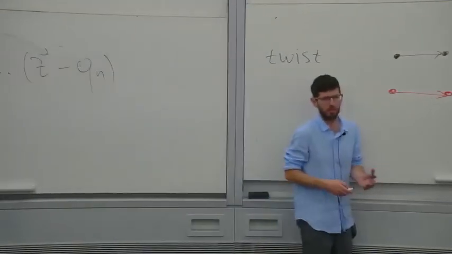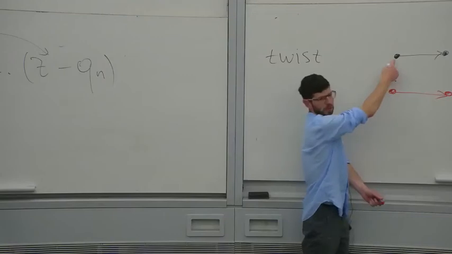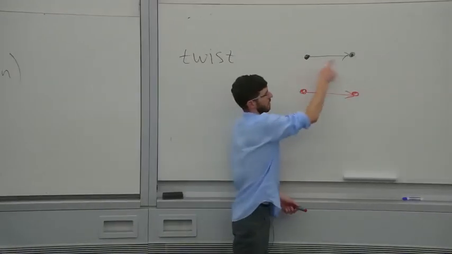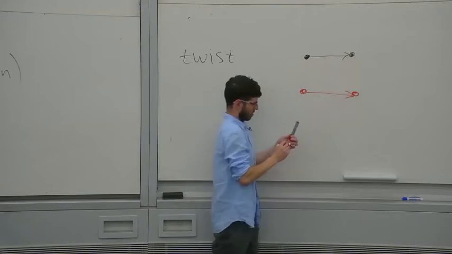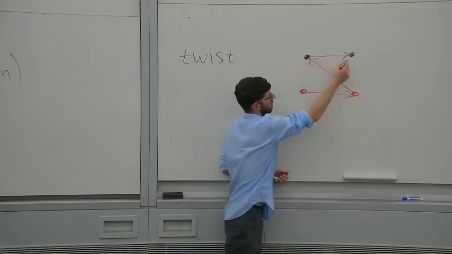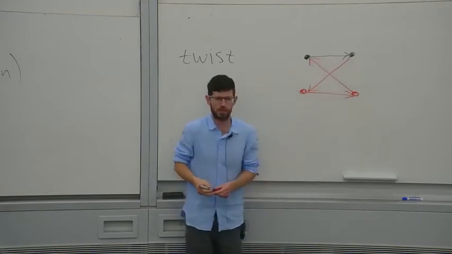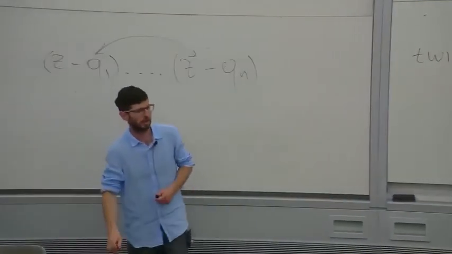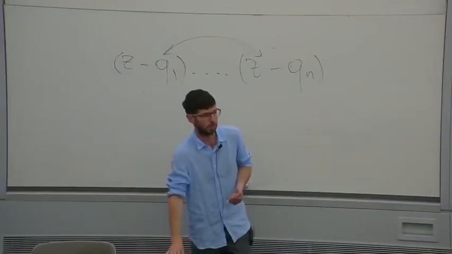But then we add additional edges that go from old vertices to new ones, but in the opposite direction. So here we had an arrow like this, and we add this arrow and this arrow. You do that for every arrow in the quiver. That's what a twist is.